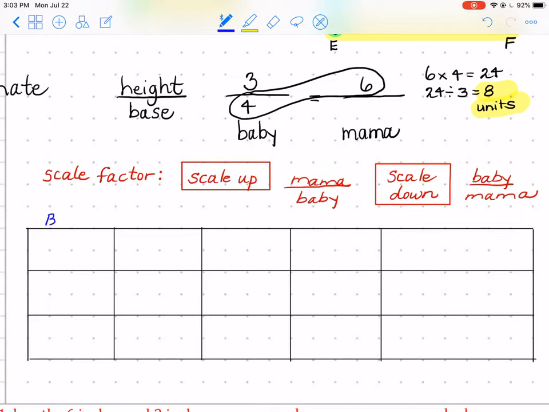Let's call this column baby, and this column mama. And then this is where we are going to scale up and down. So there's a lot to do here.